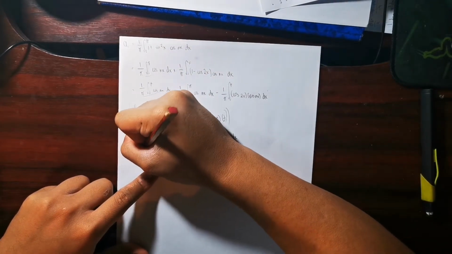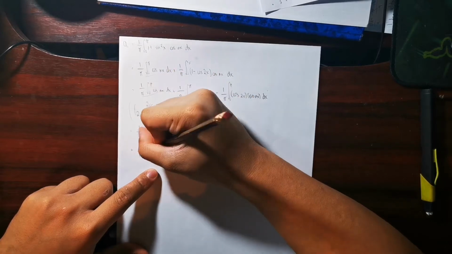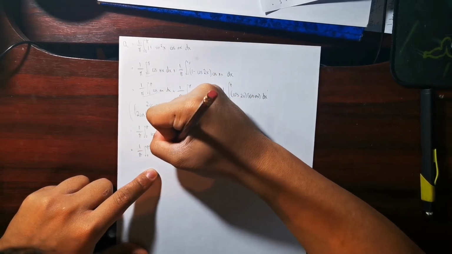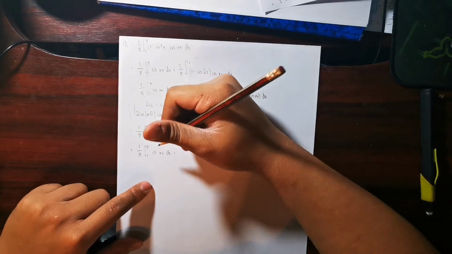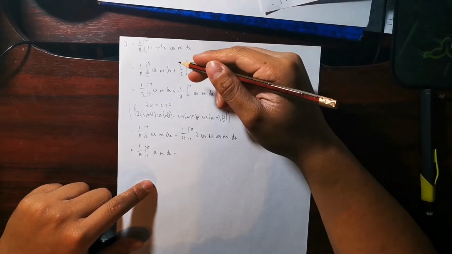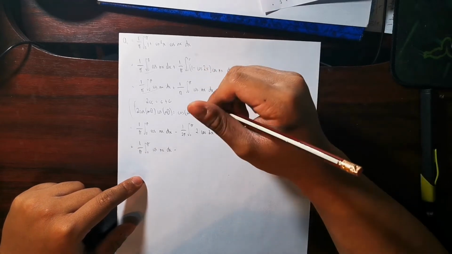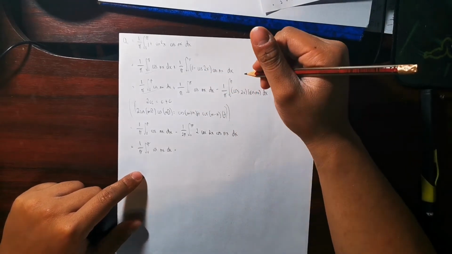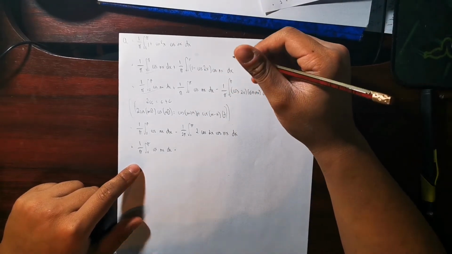So we can just have cos x dx minus. For our value of n, we will put 1. Okay, so we will just place 1.